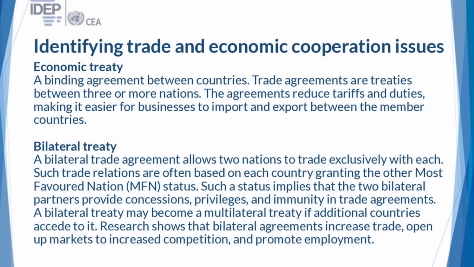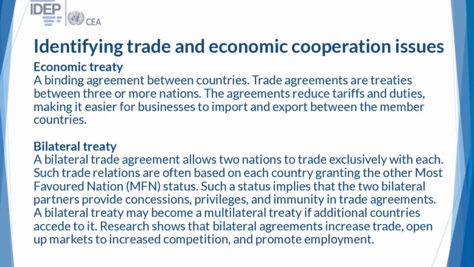Bilateral treaty. A bilateral trade agreement allows 2 countries to trade exclusively with each other. Such trade relations are often based on each country granting the other most favored nation status. Such status implies that the 2 bilateral partners provide concessions, privileges, and immunity in trade agreements.